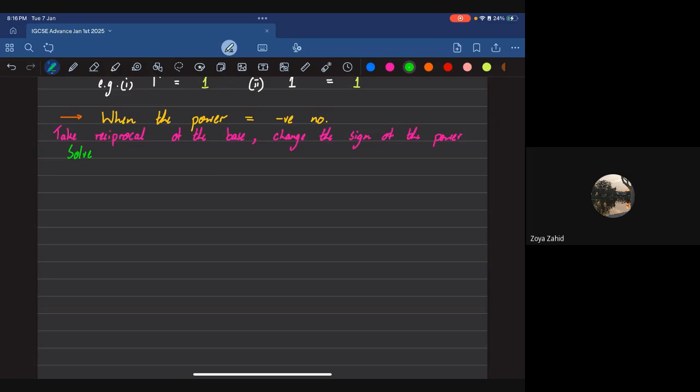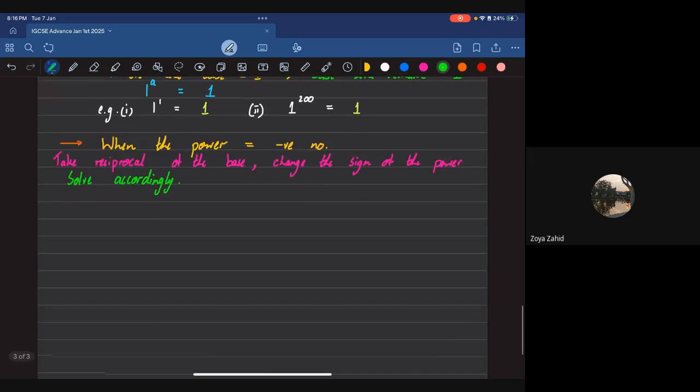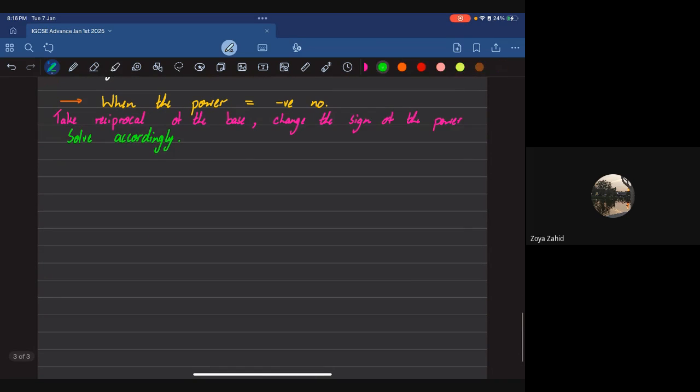One thing that you need to know is that we never solve a negative power. We're always trying to convert it to a positive one. How are we going to do that? Let's see a generic example at first. Let's say a raised to the power minus x. Now you have to take the reciprocal.